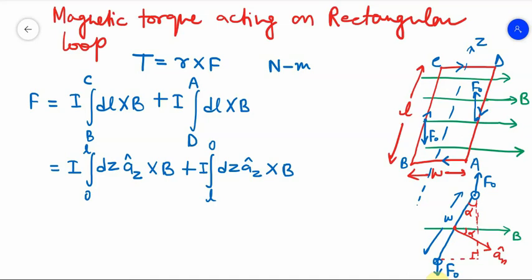From B to C it is 0 to L, so from D to A, in the opposite direction, we write L to 0. So if we integrate it, what will it be?